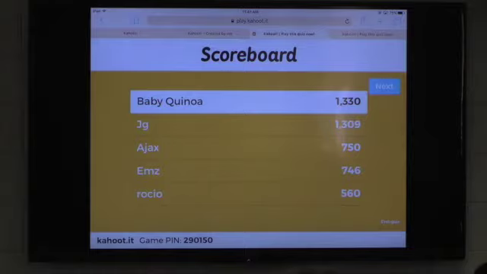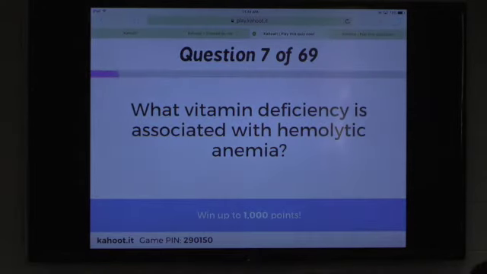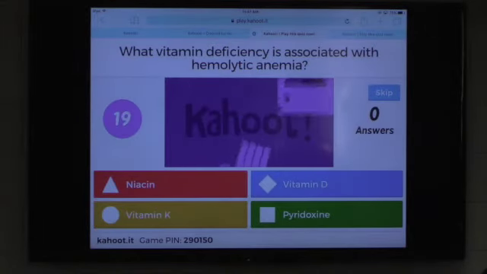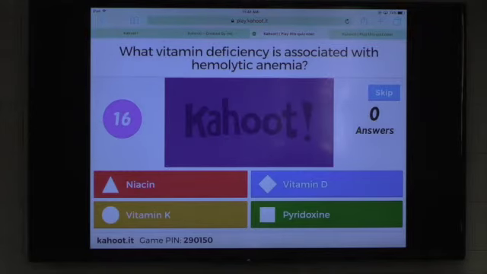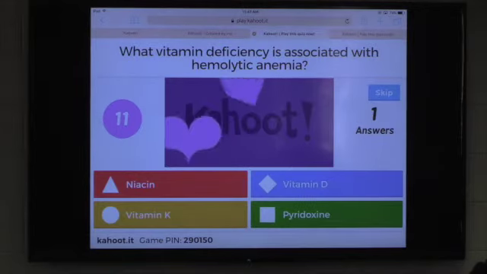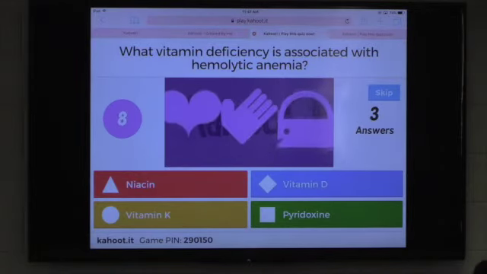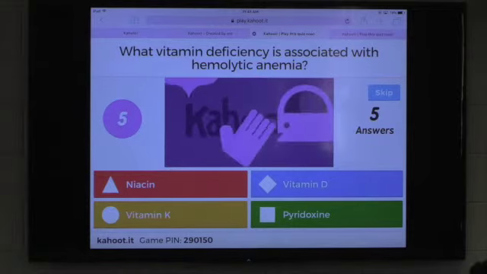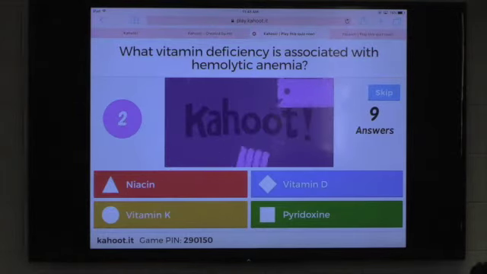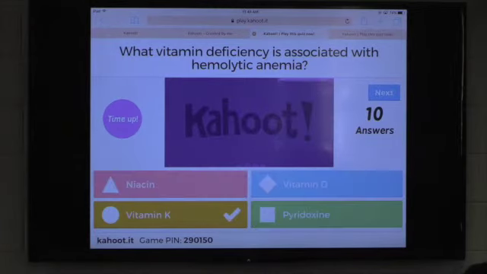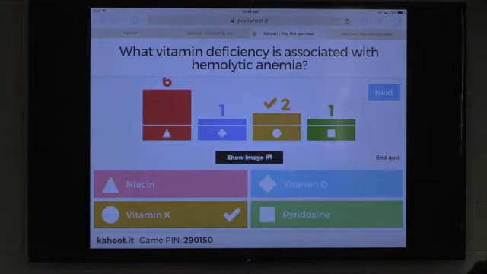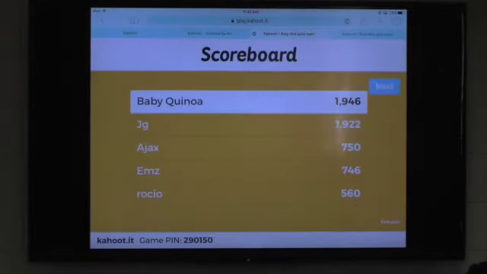I put oxidation, instead of... megaloblastic anemia and a hemolytic anemia. Make sure you know the difference.